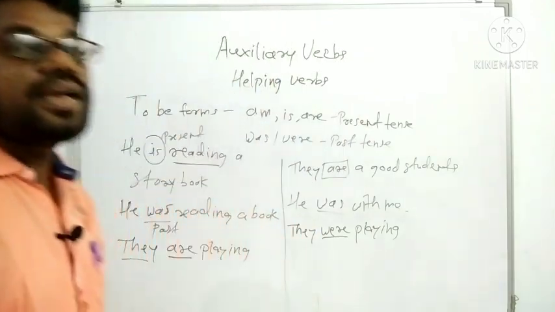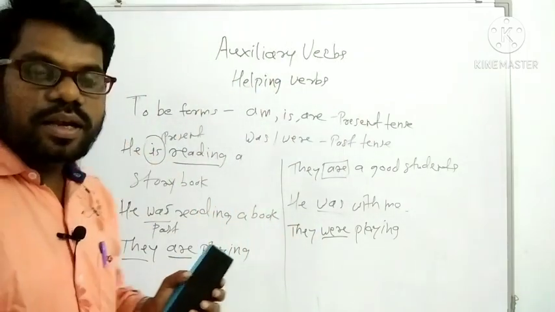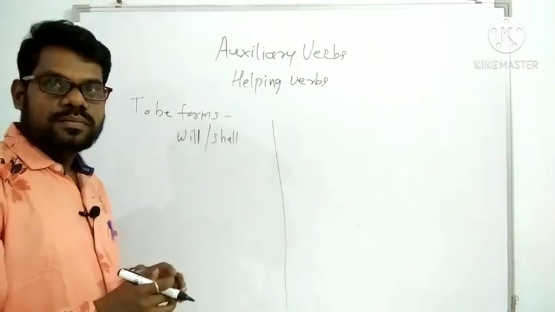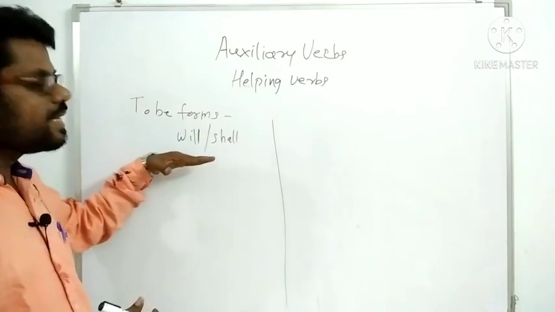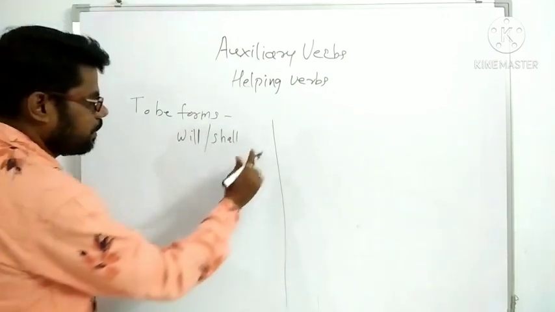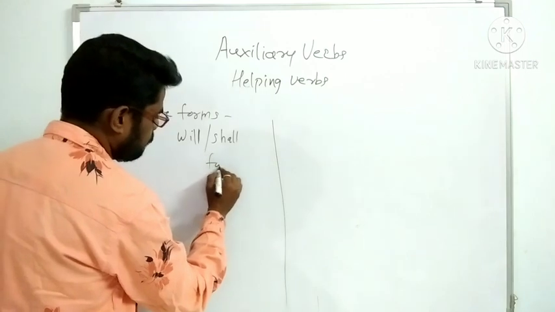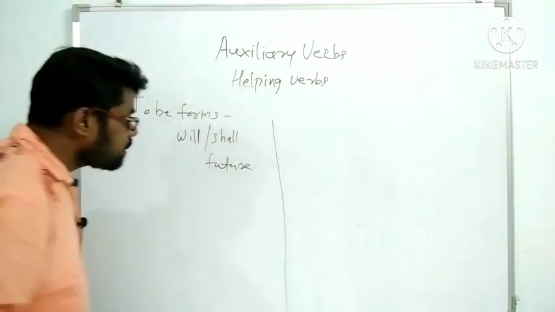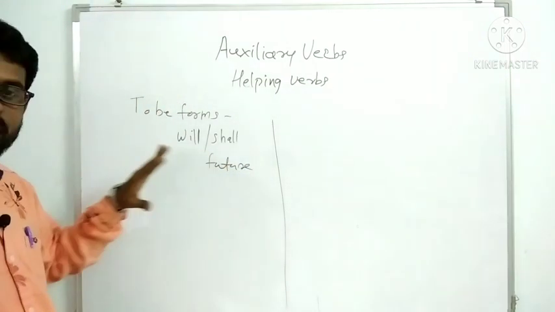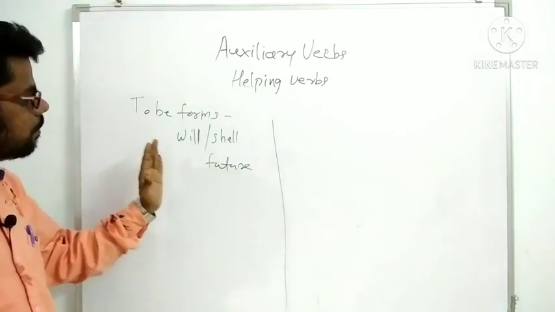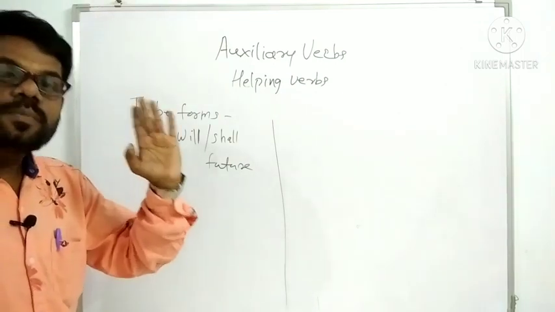Now the next auxiliaries are shall and will. Shall and will, which we use in the future tense, which indicate a future, upcoming action. Shall and will are used for future actions.